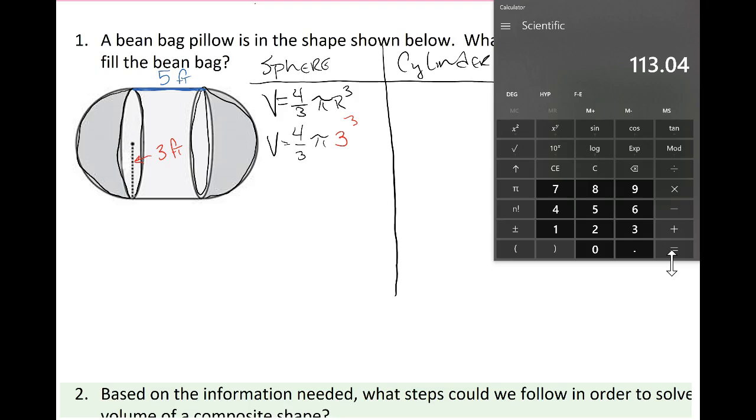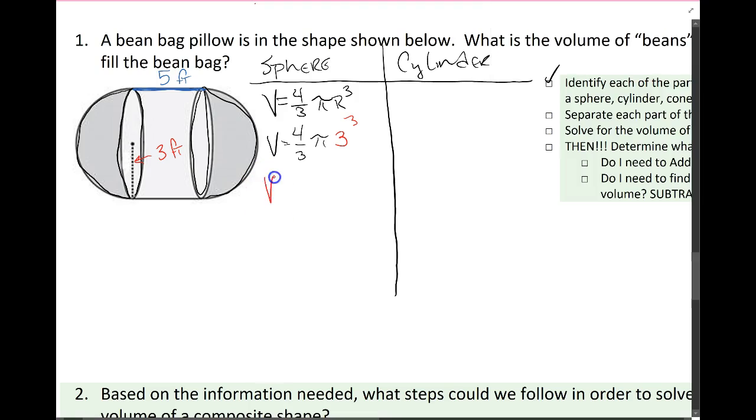So the volume of this sphere is 113.04 cubic feet. Volume is equal to 113.04 feet cubed. So that's this part right here.